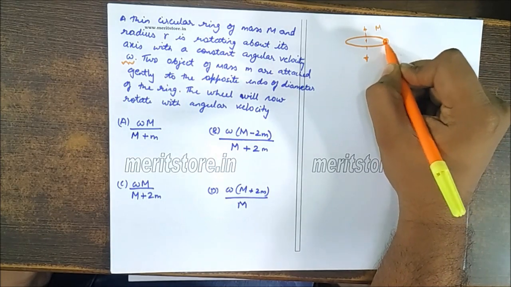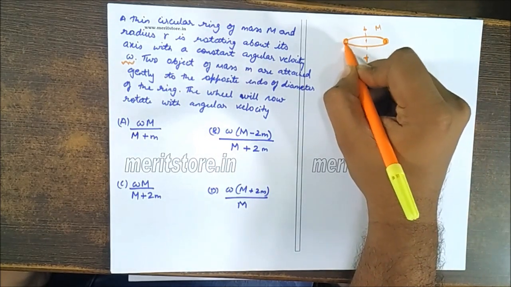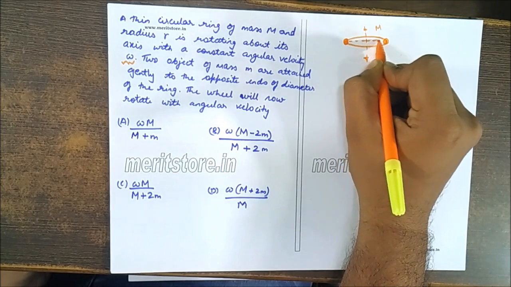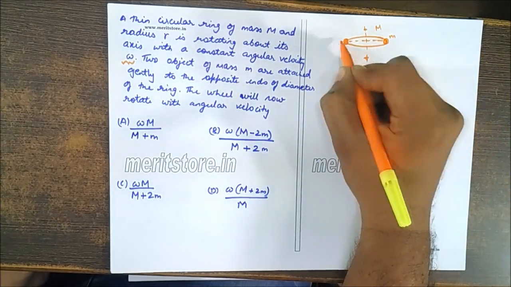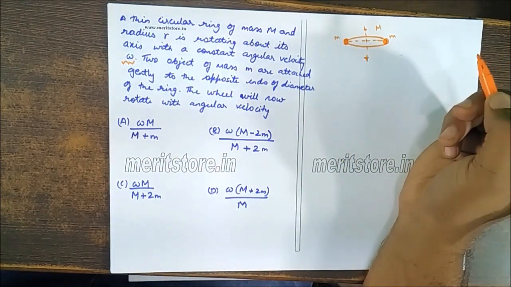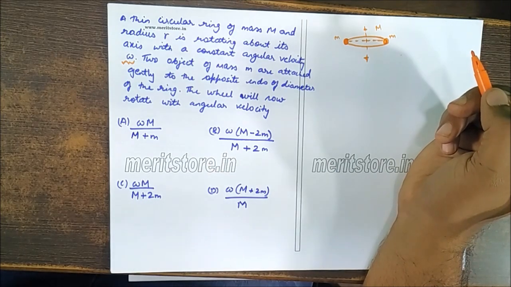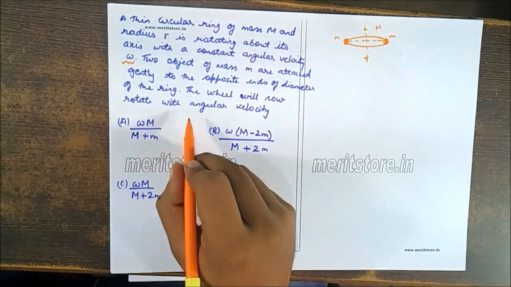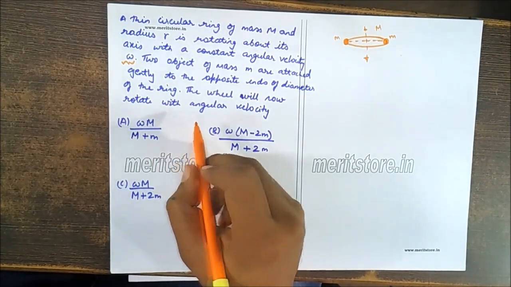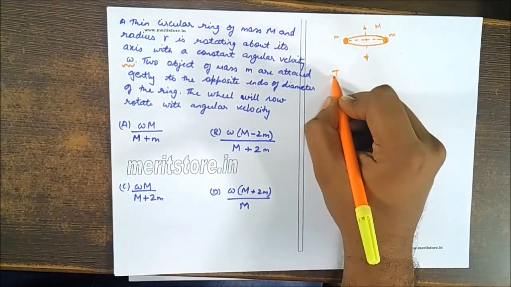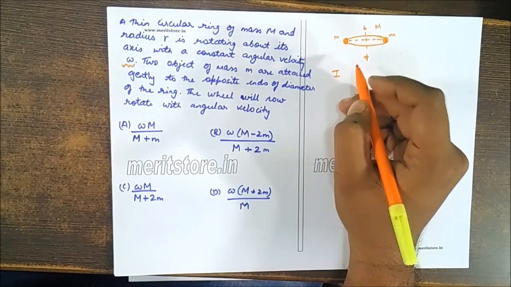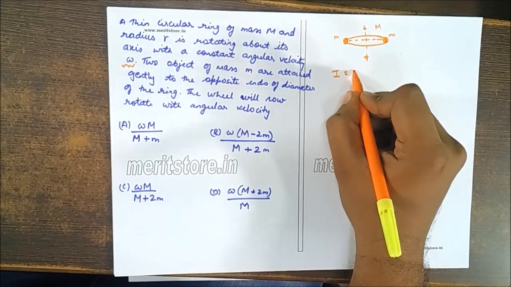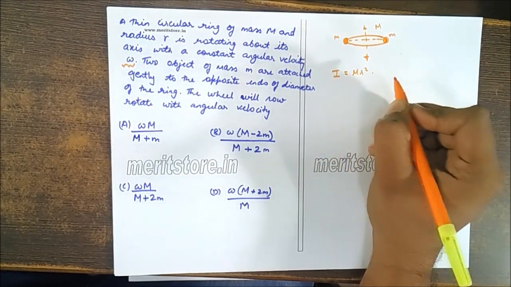Now two objects of mass m have been placed diametrically opposite. The wheel will now rotate with angular velocity omega 2. Alright. Now, in the first condition, when these masses were not attached, the moment of inertia was mr square.